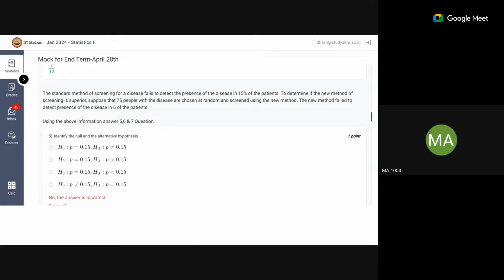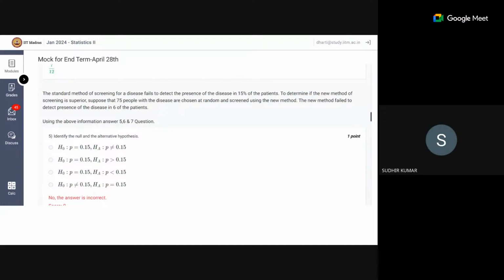Okay. And for the new method, they haven't given any percentage. They said 75 people with disease are screened using the new method, and out of them, 6 diseased patients were not detected. So what is our point of concern in this particular part? What will we be testing?